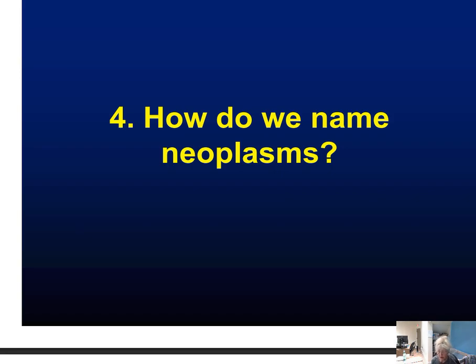If it's smooth muscle, you have a leiomyoma, which we just looked at earlier in one of the lectures. If it's malignant, it's a leiomyosarcoma. Striated muscle, rhabdomyoma. Malignant, rhabdomyosarcoma. You see, the sarcoma is where you want to focus.